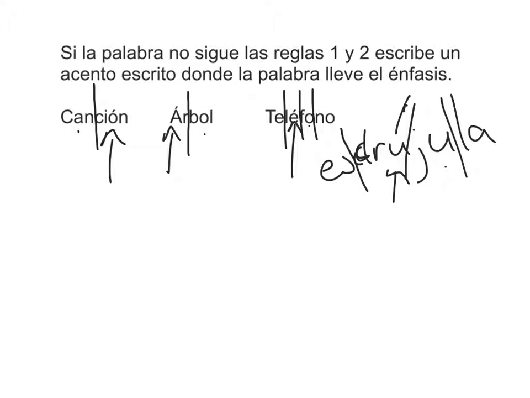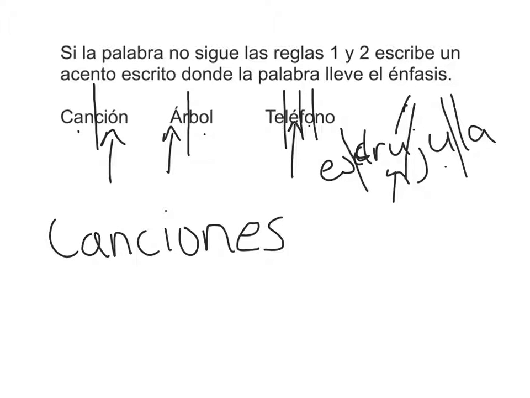Now, if you look at the word canción, we're going to go back to that word again. Canción. Okay? If I was to make that word plural and make it canciones, adding an ES, now you divide the word. Canciones. Okay? According to the first rule, if the word ends with a vowel, N or S, the stress goes on the second to last syllable.